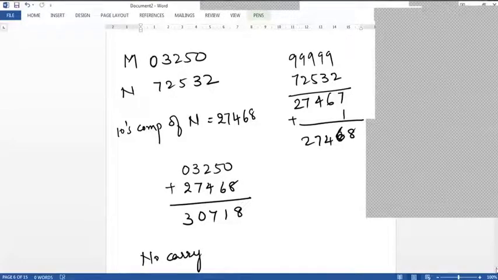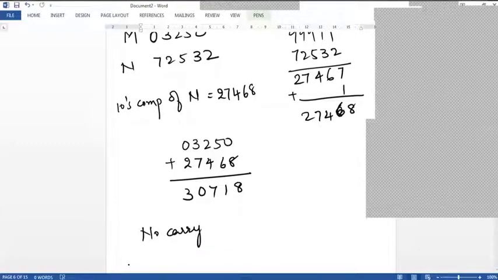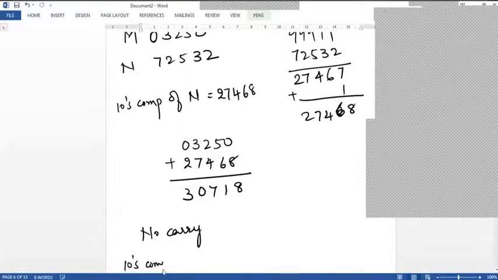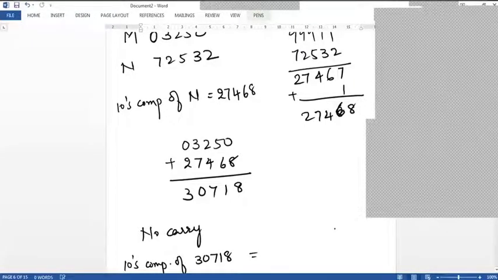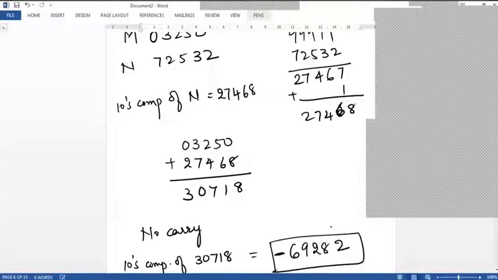If you do not find a carry, again take tens complement of 30718. क्या होगा tens complement of 30718? 69282. So take tens complement of the answer and place a negative sign in front of it. So this would be your answer. मिल गया सेम आंसर ऊपर जैसा.